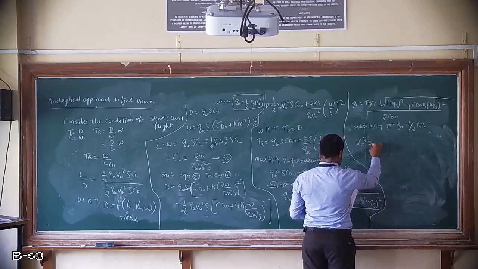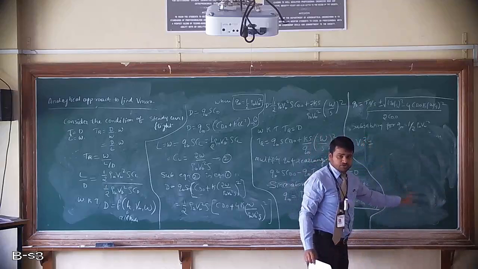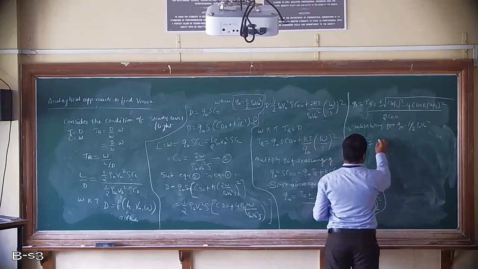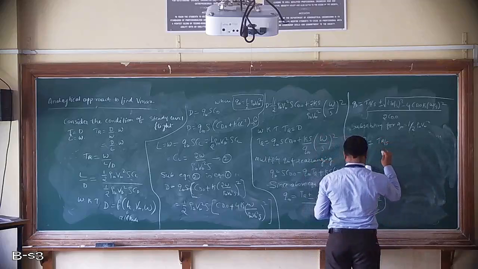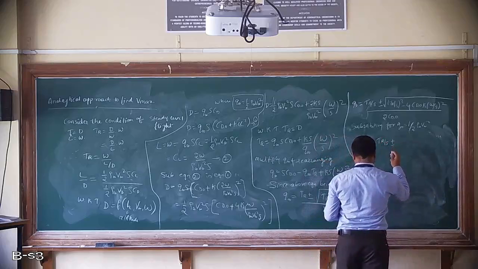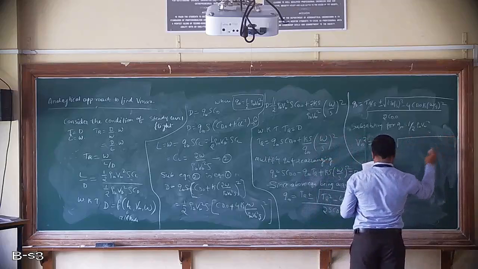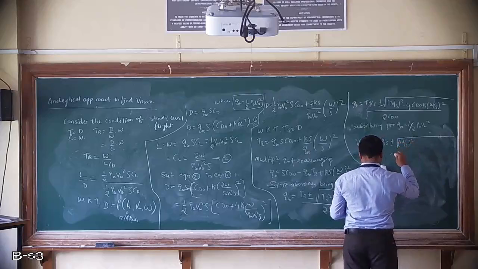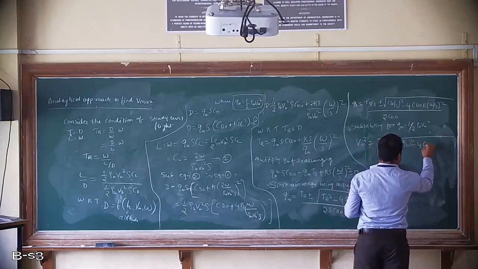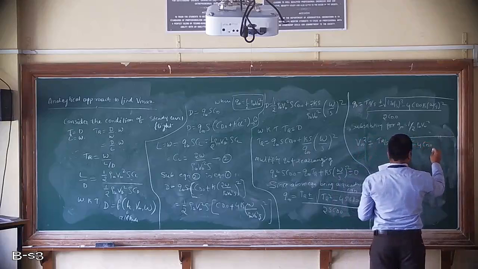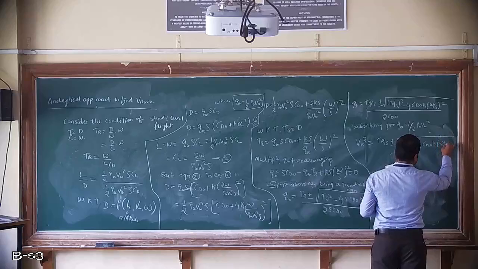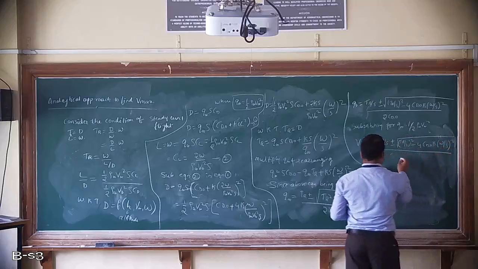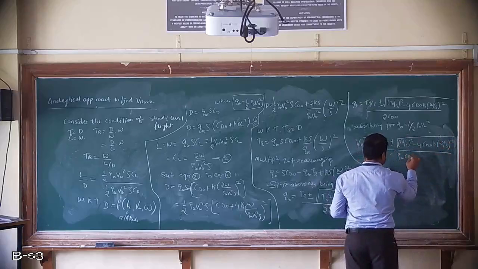V infinity square equals TR by S plus or minus square root of (TR by S) square minus 4 into CD naught K (W by S) whole square, divided by rho infinity CD naught.